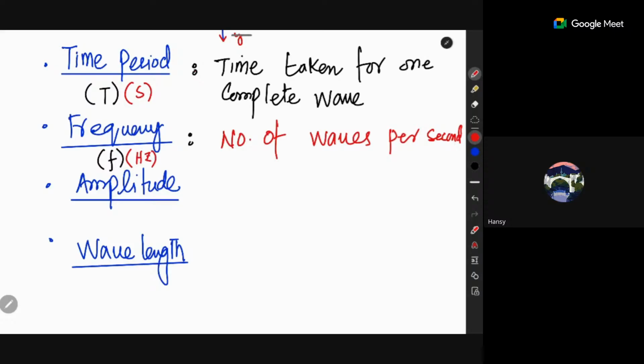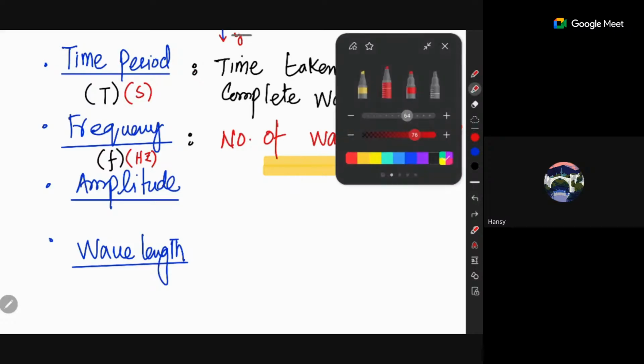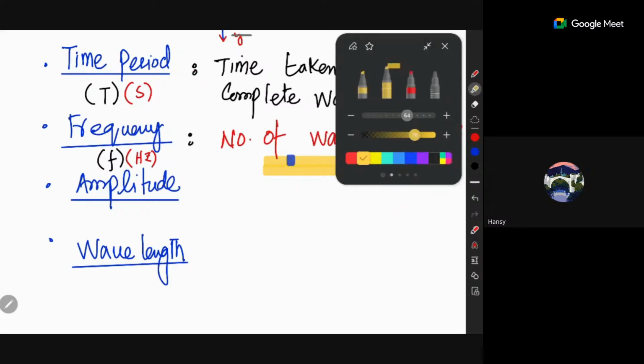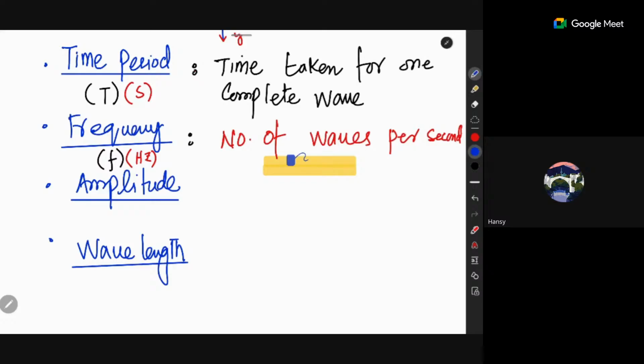This is one upon time period. So the relationship between frequency and time period is: frequency is equal to one upon time period, or vice versa, time period is equal to one upon frequency.